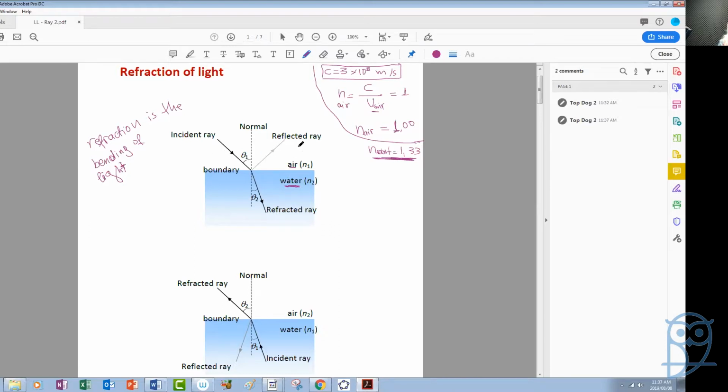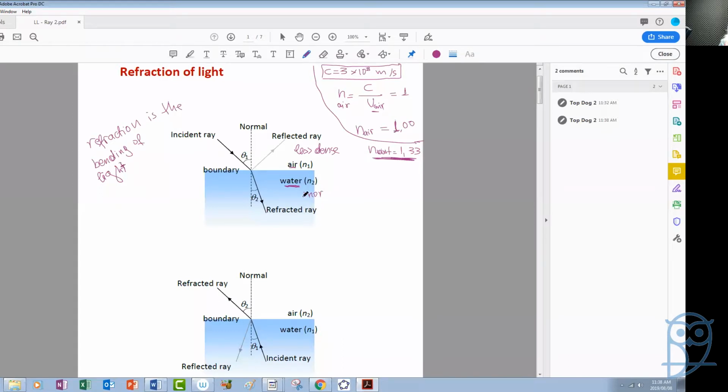If, as in this case, the first medium, which is the air here, is optically less dense than the second medium, then the light ray will bend towards the normal.